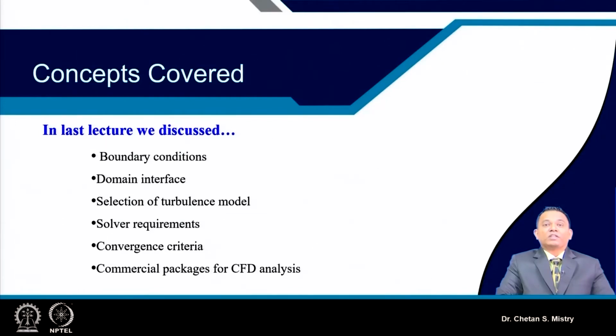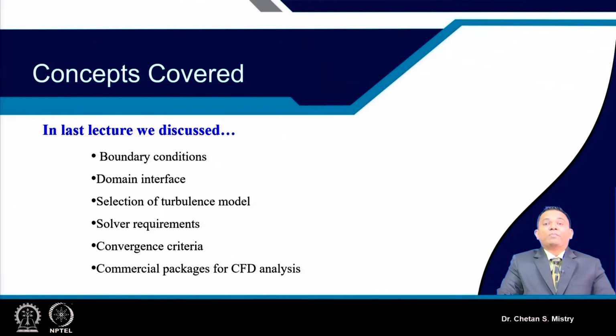We also started discussing the domain interfaces, where we discussed the mixing plane approach and the frozen rotor approach. And we realized that, depending on what exactly we are looking for, say a detailed flow field study, some of the averaging is what we need to avoid.